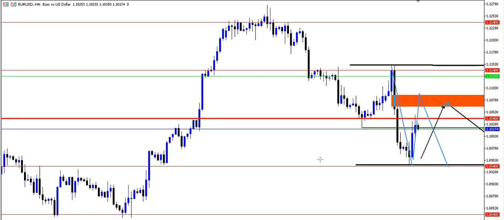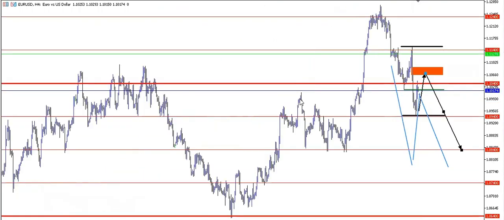And if the trend continues, my next major zone is here, 1.08400. If price could sell to this place, it's cool.